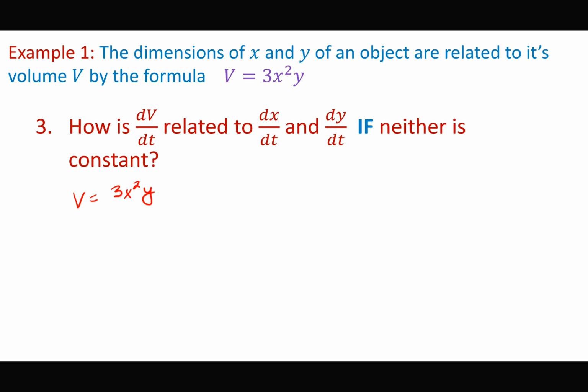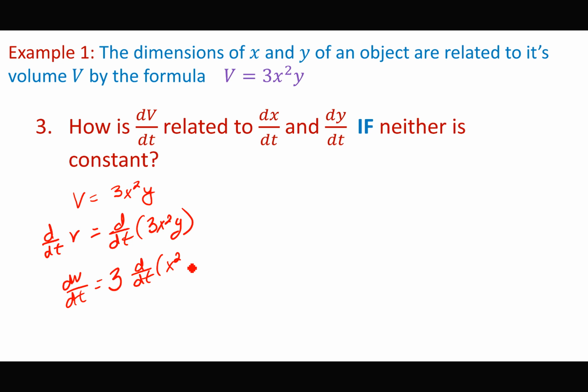I want to take the derivative with respect to t on both sides. But it says neither x nor y are constant. So I'd have dV/dt equals 3 can come out, and all I'm doing is d/dt of x squared y.